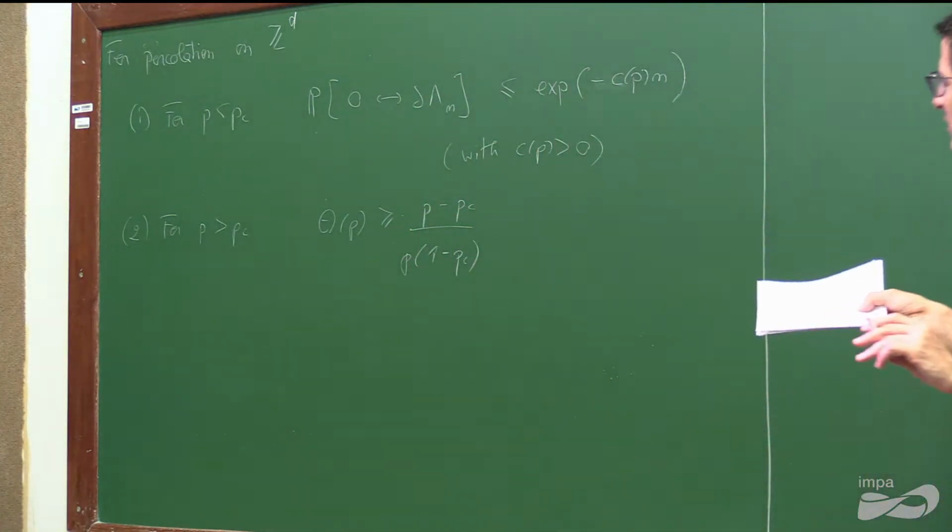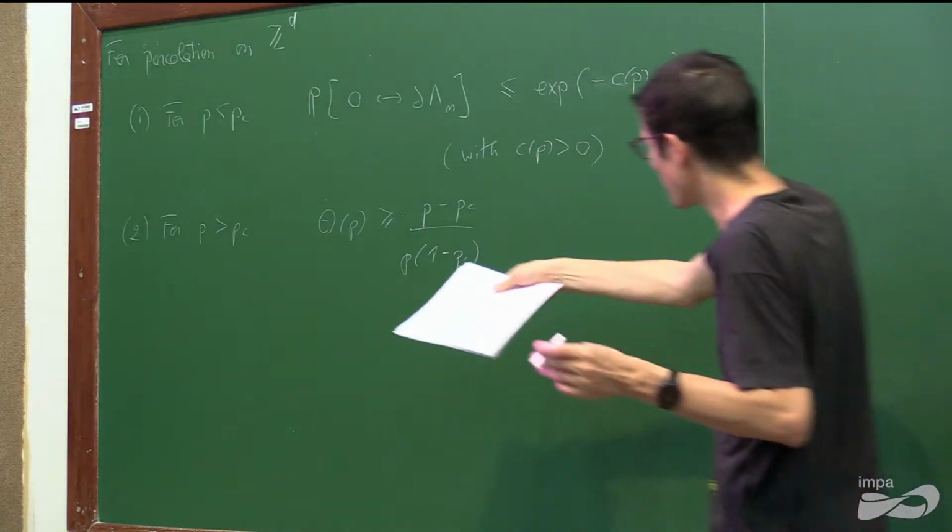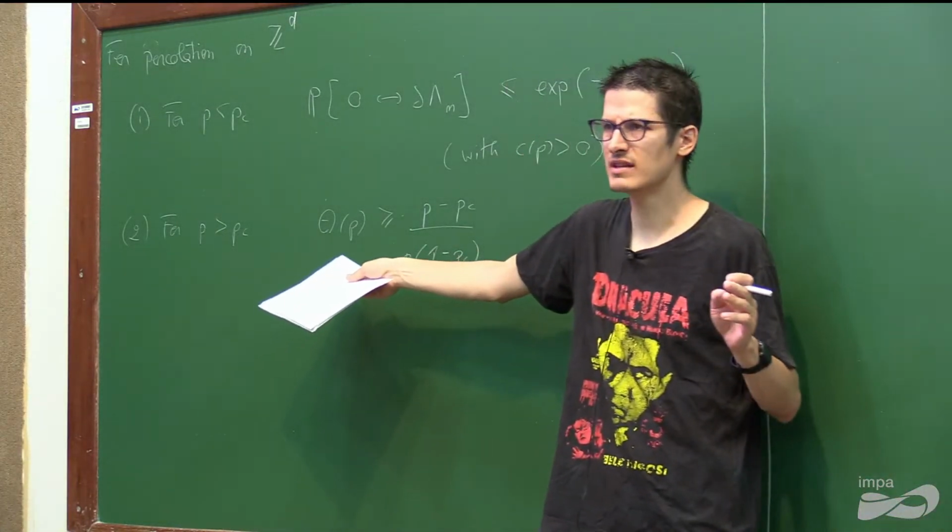So maybe let me comment about this lower bound. Theta(p), remember, is the probability that 0 is connected to infinity.